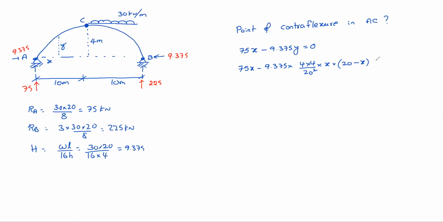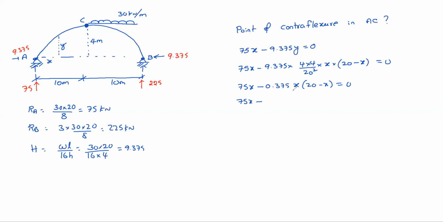Simplifying, 75x minus 9.375 multiplied by 16 by 400, that is 0.375, into x into 20 minus x equal to 0.